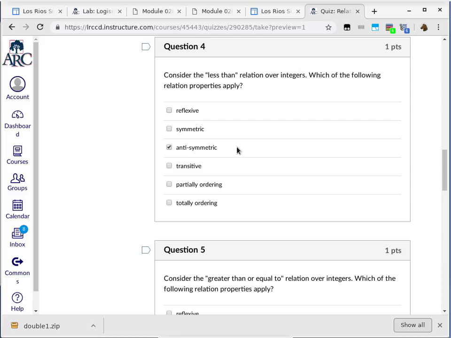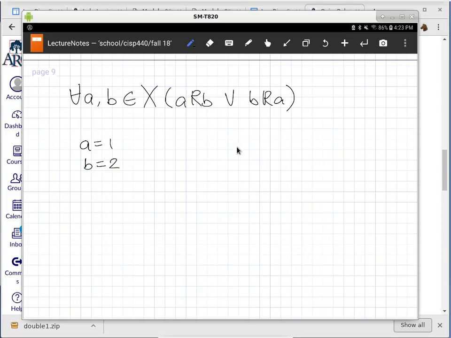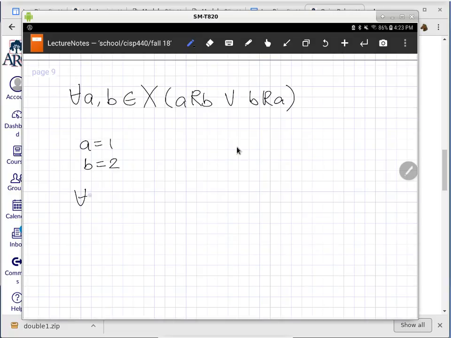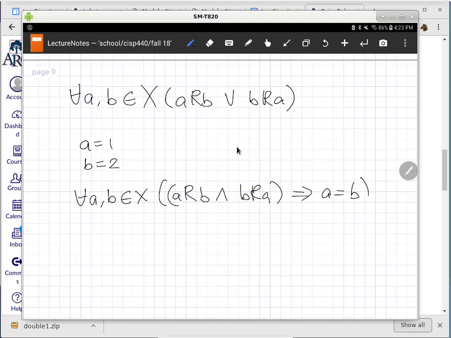Okay, so let me switch back to here. In order for something to be anti-symmetric, it says for every way to pick 2 elements out of X, it wants A R B and B R A to imply A equals B. And now the R is less than.